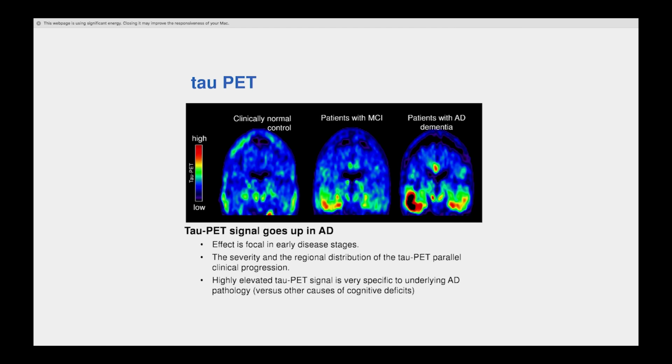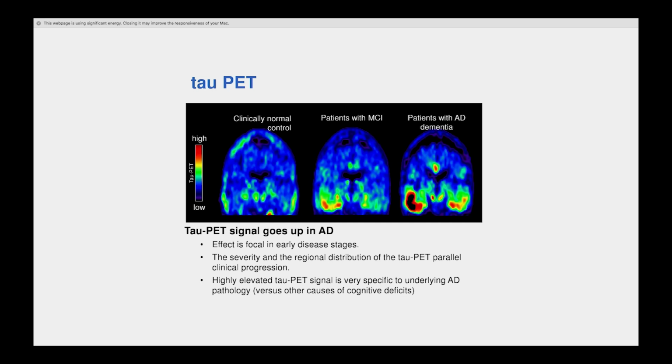Now, the tau PET is a similar concept where instead of the tracer latching onto the amyloid plaque, it's going to latch onto the tau protein. And this is still not as well refined as the amyloid PET scan, and it's still under investigation because we are finding other molecules in the brain that what we're calling the tau tracer is latching onto. So the tau tracer doesn't seem to be, right now, as specific to the tau protein, but it's latching onto other things.